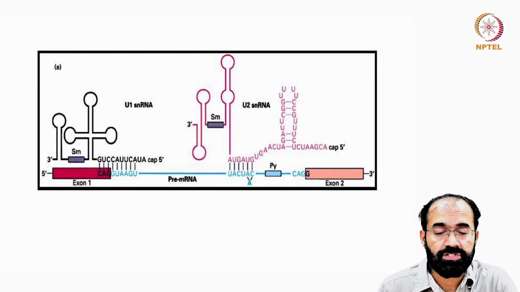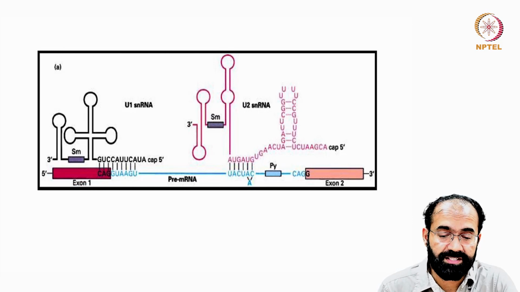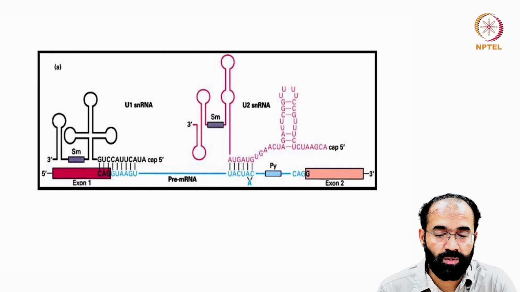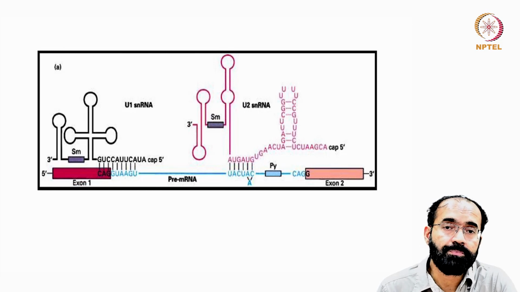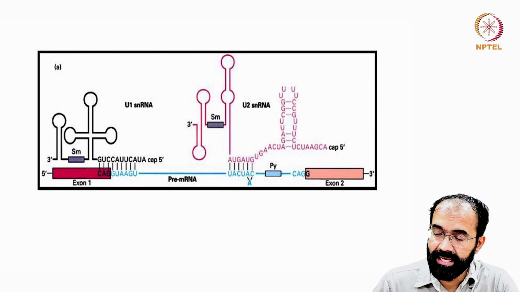Then downstream you have a few features. What are they? You have an intron exon boundary, and just upstream of that you have a polypyrimidine tract. Much further upstream of this polypyrimidine tract you have a branch point, an A site.